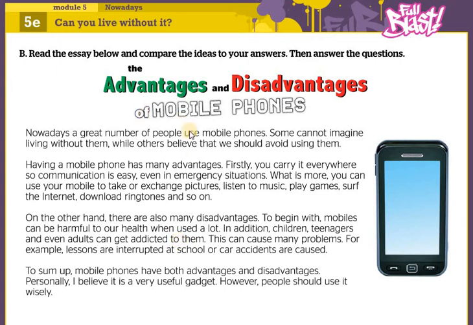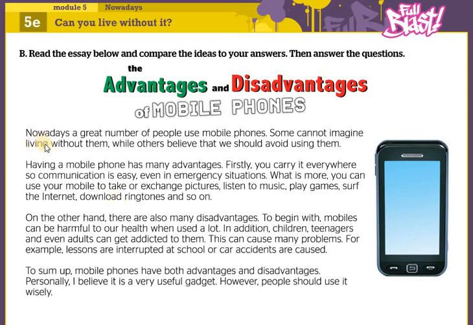For example, this one talks about a different idea and this another different idea and so on, but all of them serve one idea, which is advantages and disadvantages of mobile phones. So let's read, and we'll see how to write an essay like this one.